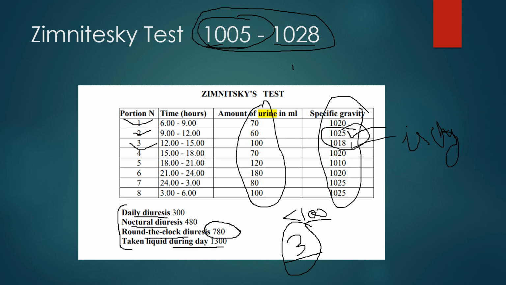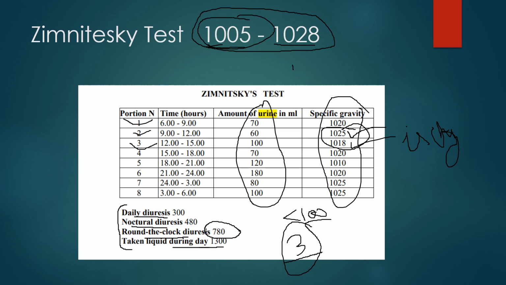And we must know that of the liquid a patient drinks during the day, 70% of it must be excreted. If 70% of it is not excreted, then we are talking about negative diuresis and the patient will suffer from edema.